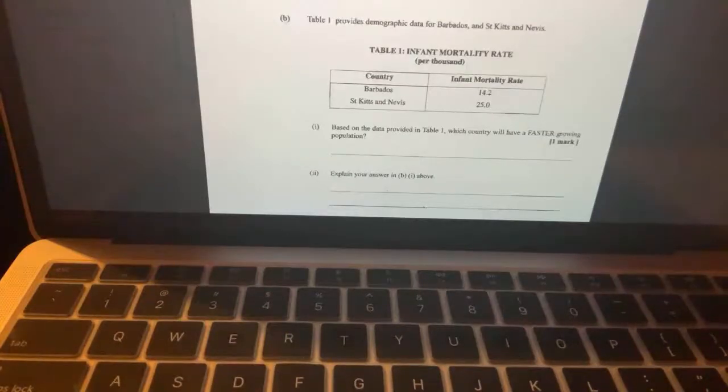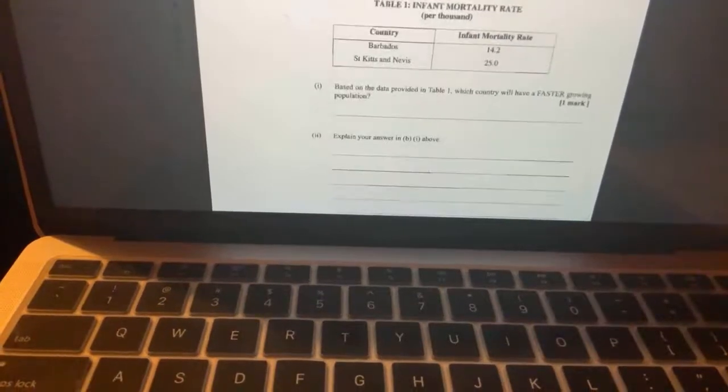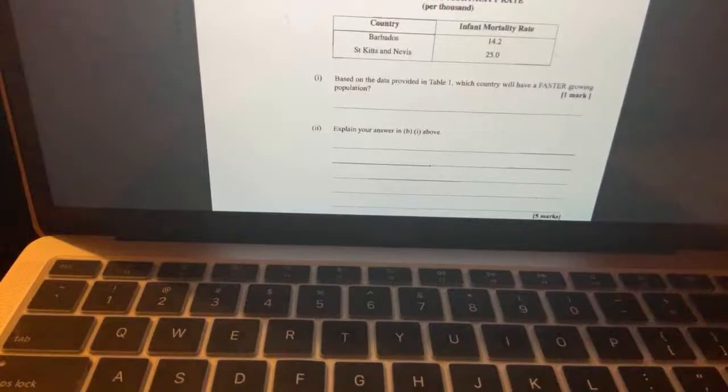What would you have written there for 5 marks? Barbados. Which one are you picking?